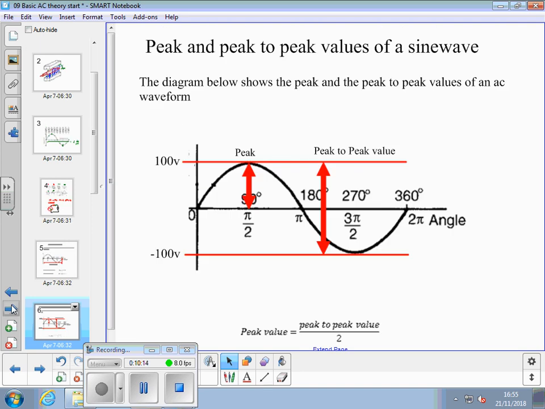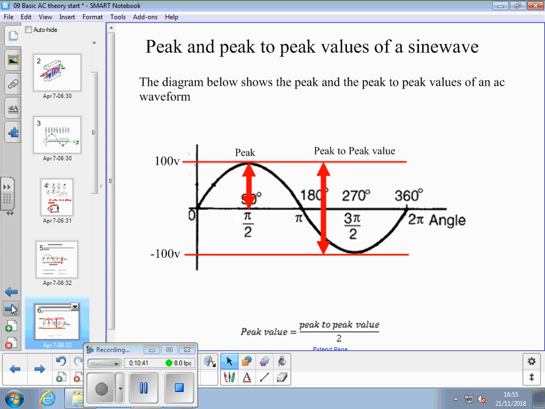Now, peak and peak-to-peak values of a sine wave. The diagram below shows the peak and the peak-to-peak value of an AC waveform. If the waveform is centered around 0, then the peak is the distance between 0 and the maximum positive value of that waveform. There's also a negative peak.